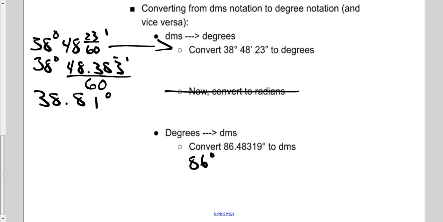I divided by 60 before. Now I have to do the inverse operation and multiply by 60. So this is 0.48319 times 60 minutes. It's going to be like 27 or 28 minutes, but it's not going to be a whole number. It's going to be 28 point something.